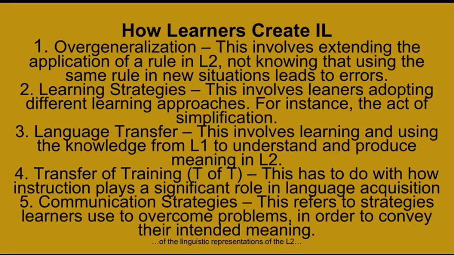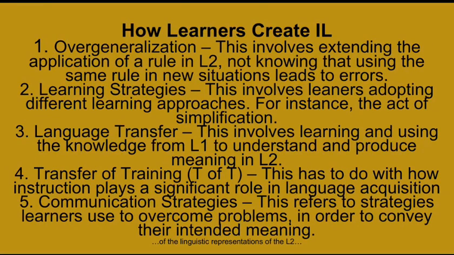Now we quickly want to look at 5 ways that learners create interlanguage. Okay, we call it internal processing. How do they create their interlanguage? Number 1, there is overgeneralization. Now, this involves extending the application of a rule in L2.